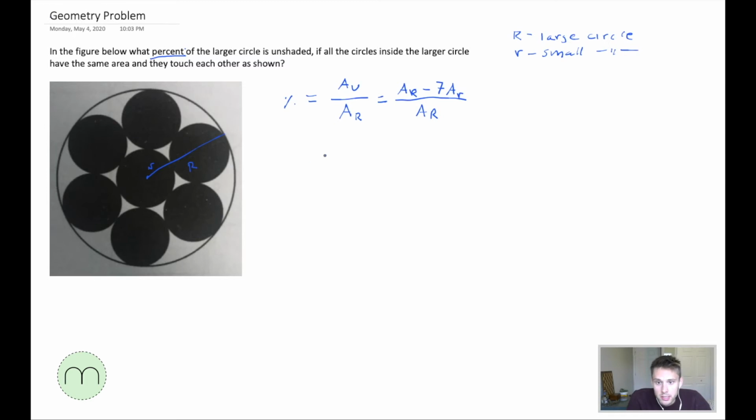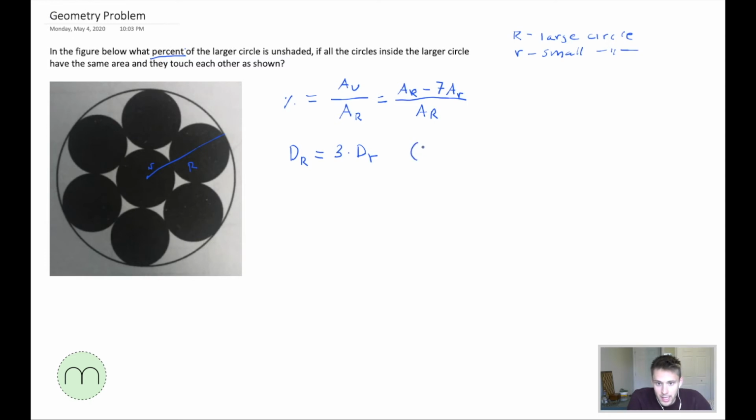So now let's take a look. What do we know about the relationships between the radius of the large circle and the radius of the small circle? As we can see here, the diameter of the large circle actually fits in 3 small circles. So what we could write is that the diameter of the large circle equals 3 times the diameter of the small circle.